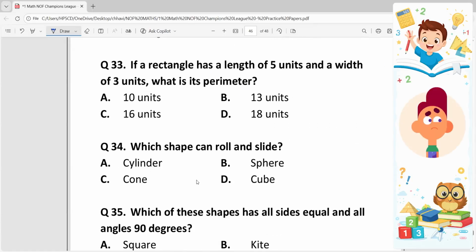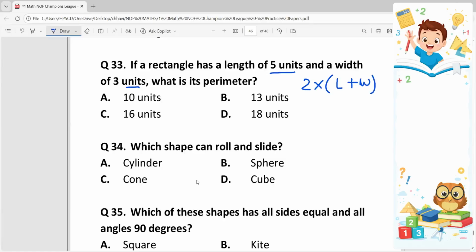33rd. If a rectangle has a length of 5 units and a width of 3 units, what is its perimeter? Now, the formula for the perimeter of a rectangle is 2 into length plus breadth, meaning width.